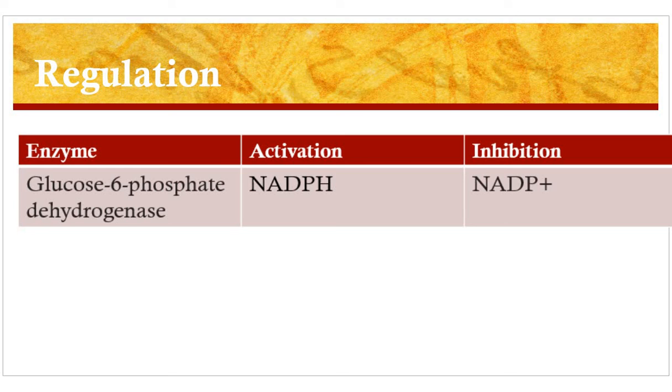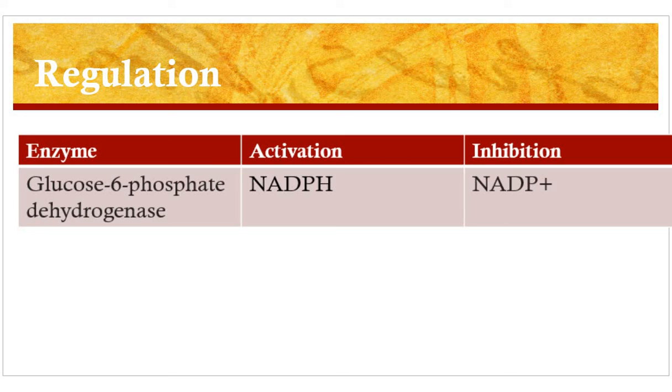Deficiency occurs in all cells, but is most severe in RBC. The HMP shunt provides NADPH in RBC. Decreased activity of glucose 6-phosphate dehydrogenase impairs the synthesis of NADPH in RBC, which results in the accumulation of methemoglobin and peroxides in RBCs.